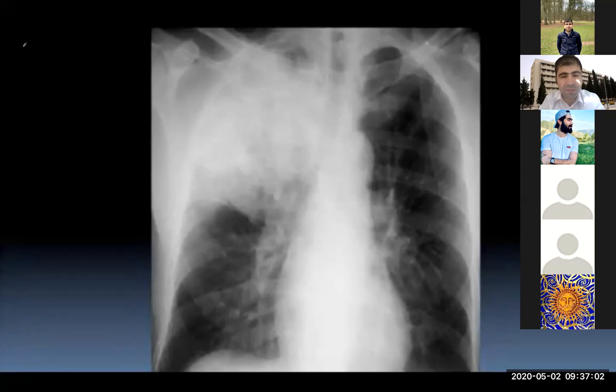It could be calcification. Calcification will be just like bone, and if it is soft tissue, it will be just like the heart shadow or cardiac shadow. According to this, it is just like the cardiac shadow, so this is soft tissue.